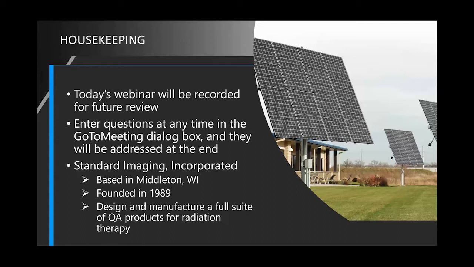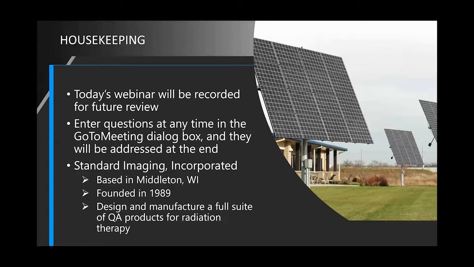Just a bit about Standard Imaging. We were incorporated in 1989, so we just celebrated our 30th year last year. We're based in Middleton, Wisconsin, which is just outside of Madison. We've got a very good relationship and in some cases partnership with both the UW Cancer Center and the University of Wisconsin Calibration Lab.